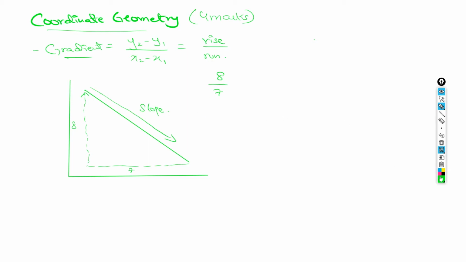But mostly what will happen is they will tell you two coordinates, or you will have to see two coordinates from the graph, right?